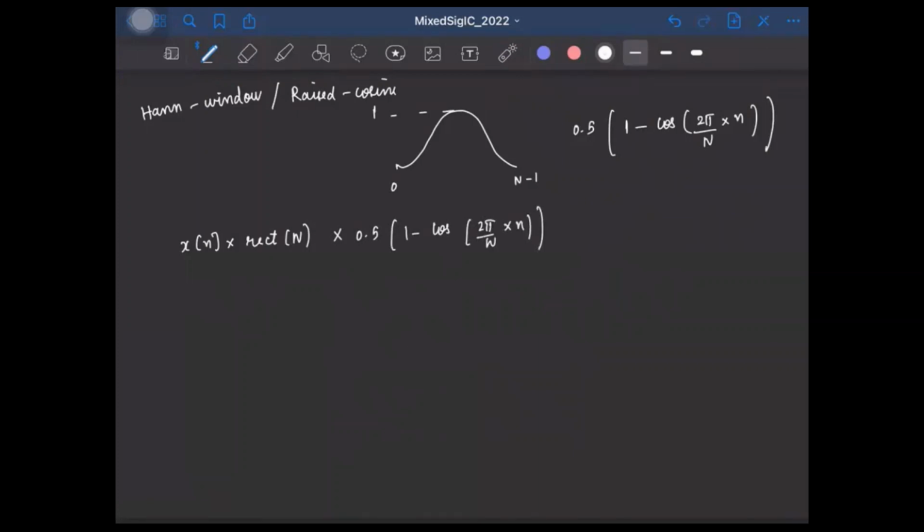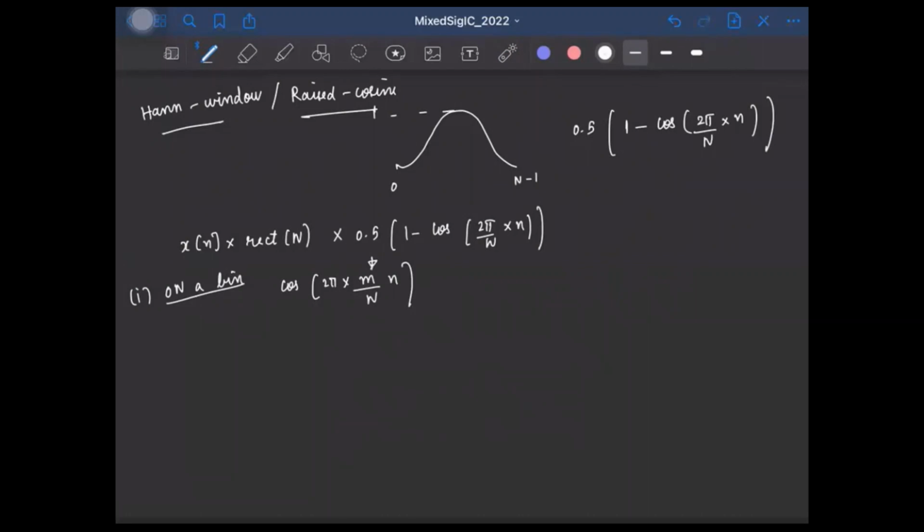Okay. So let's see what happens when we apply this window. We'll first consider a case when the signal is lying on a bin, that is when we choose a signal of the form cos 2 pi times m by N times n, right? Where again m can be 201 as we saw in the example earlier, right?